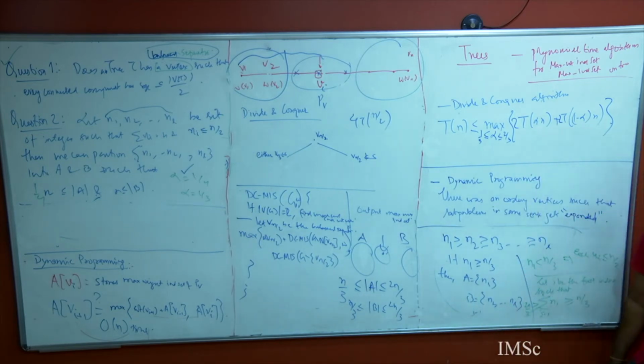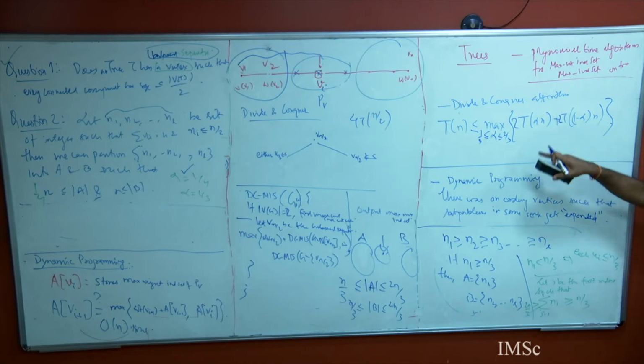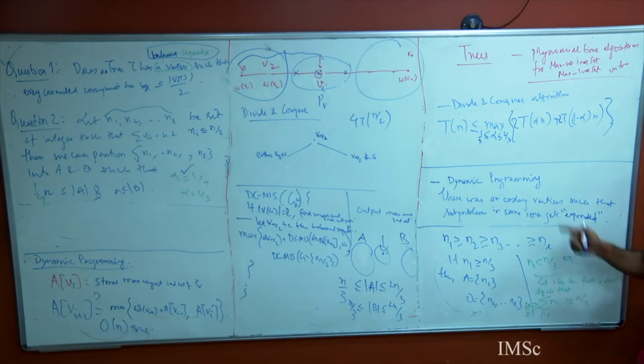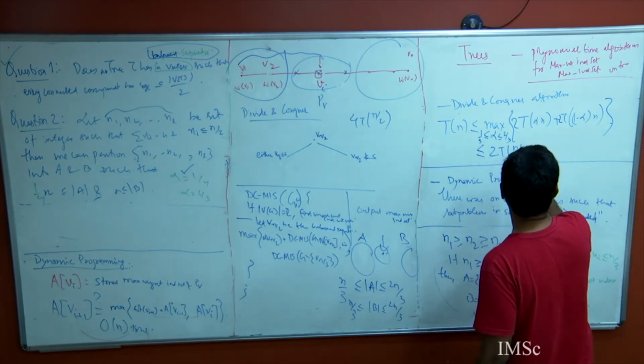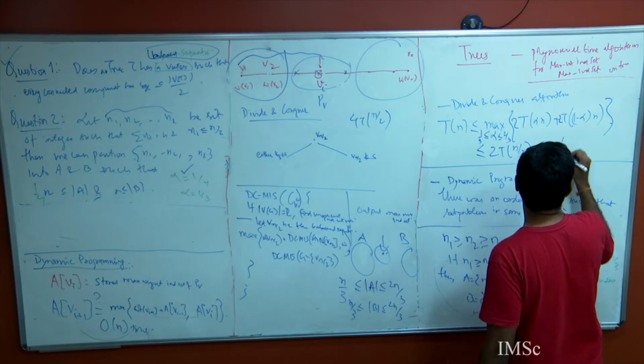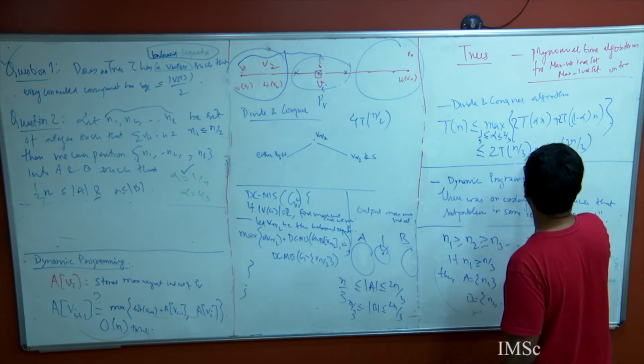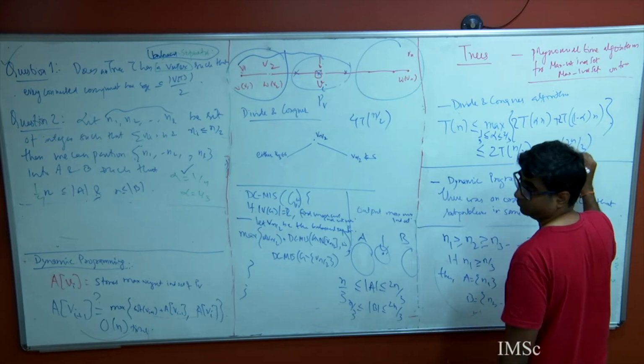I have actually no idea how they got separated, but I have a guarantee that if one is between alpha n, then the other is 1 minus alpha n. You can prove that the worst case happens at the end. This is why people will write 2T(n over 3) plus 2T(2n over 3). And this is polynomial in n.